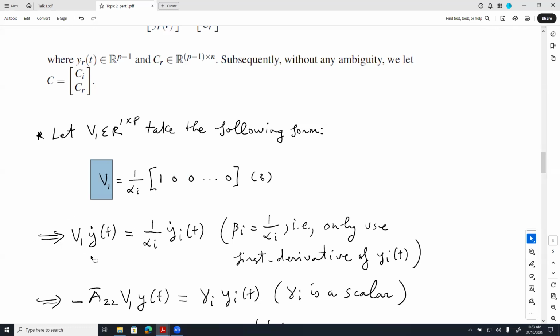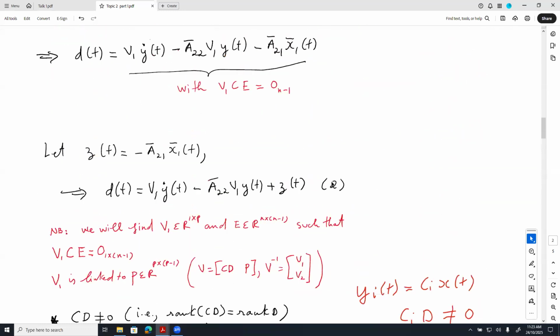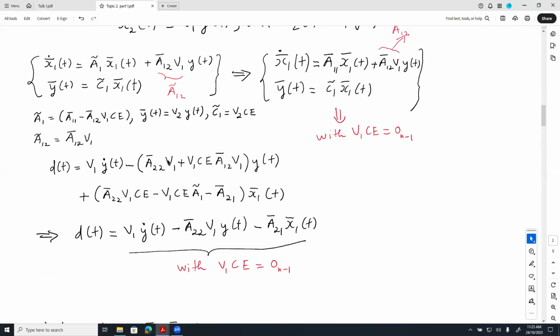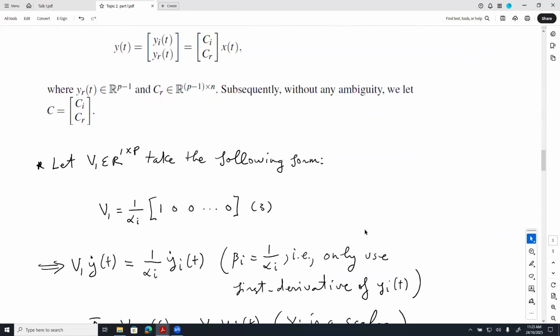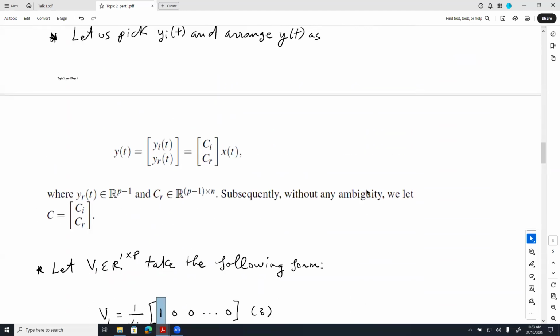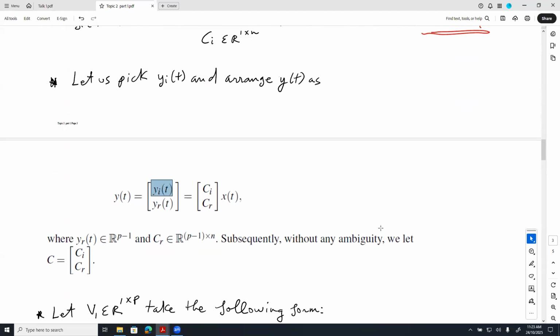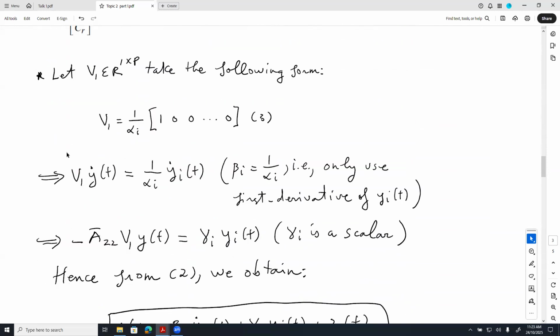If we look at the term here, which came from the Hou and Muller decomposition, and if we impose the row matrix V1 to contain only one non-zero element, and that non-zero element corresponds to the output measurement yi of t, then clearly that becomes the derivative of only one single output measurement.